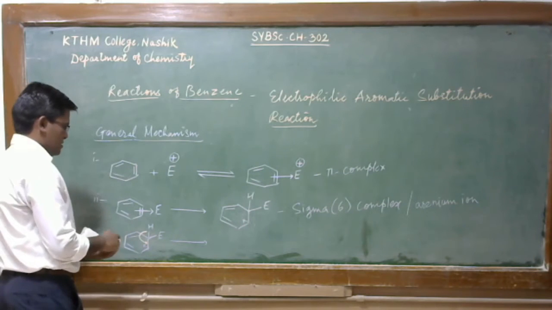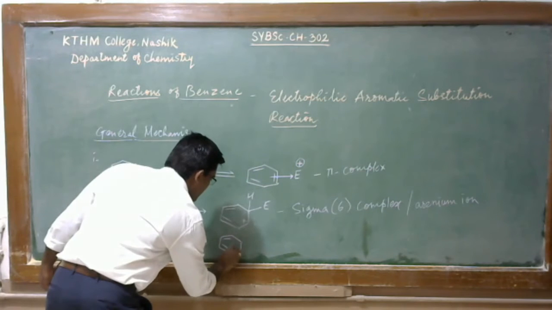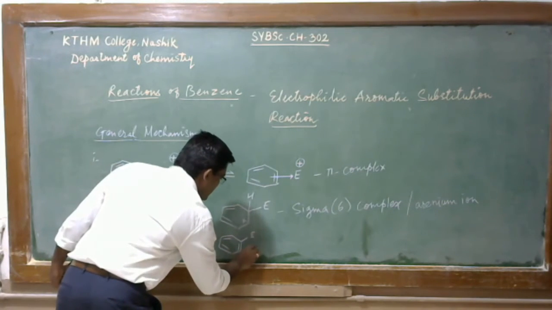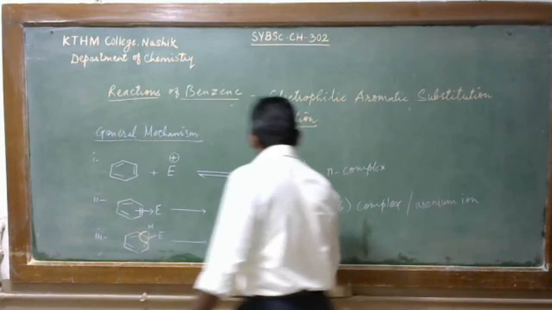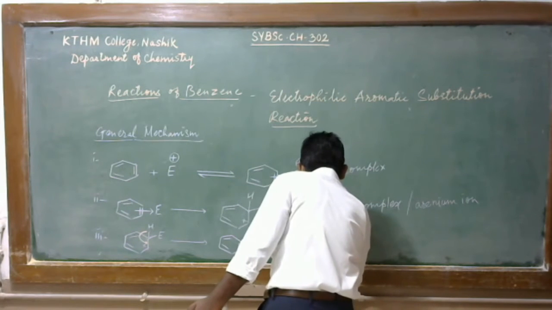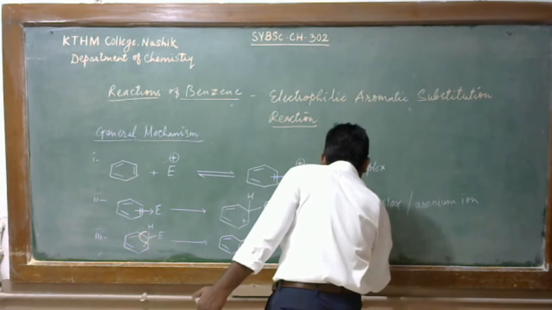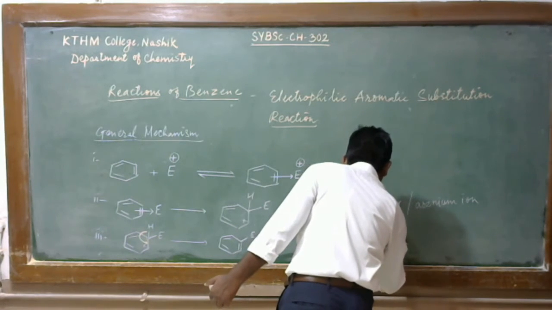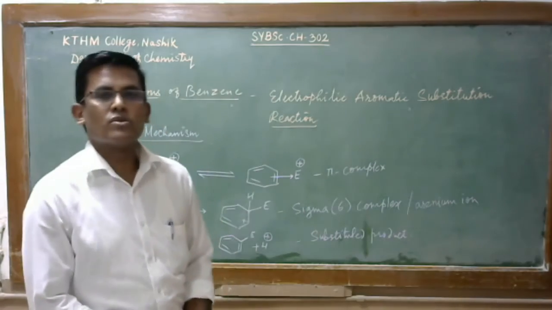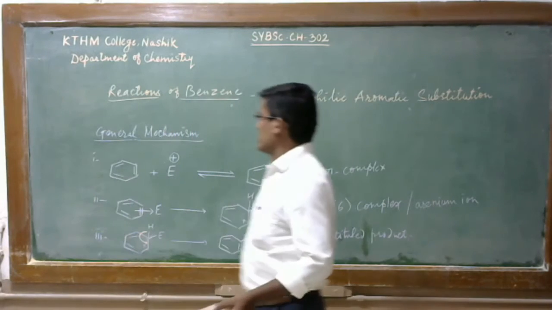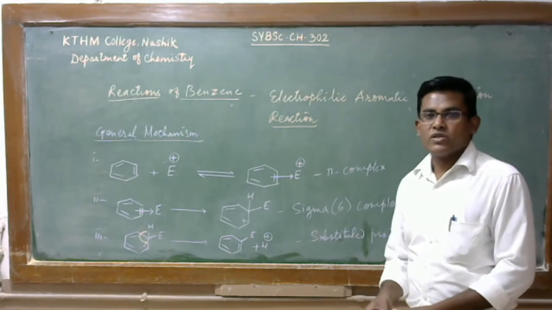It eliminates the hydrogen to give the final product, the substituted product, plus H plus. So it gives the substituted product. So this is how the mechanism is for the electrophilic aromatic substitution reaction.